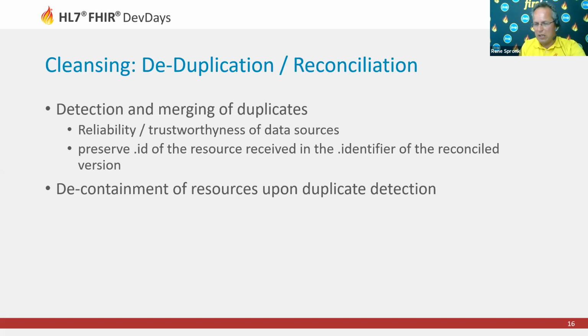In a certain way, conditional FHIR operations are relatively helpful, because then you can do POSTs or PUTs effectively only based on the business identifier, and thereby avoid the unnecessary creation of new FHIR resources.